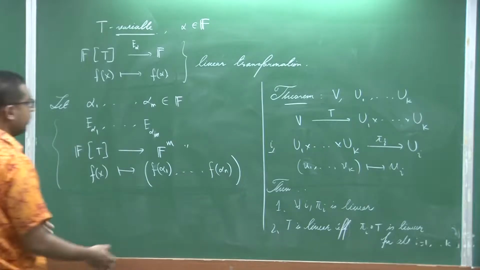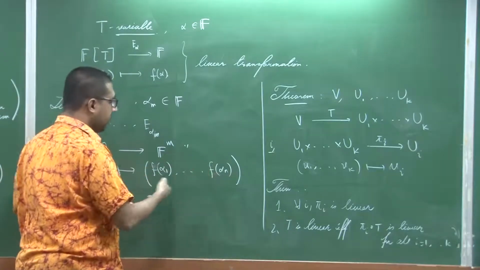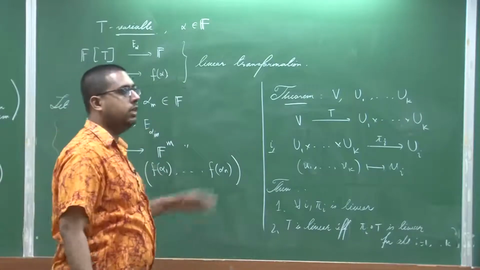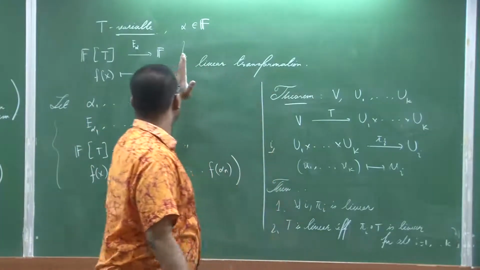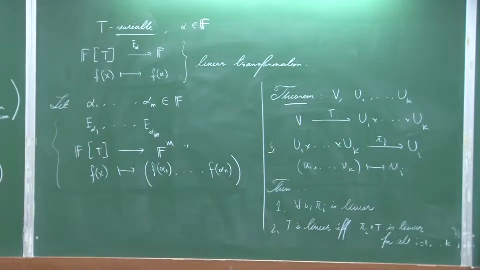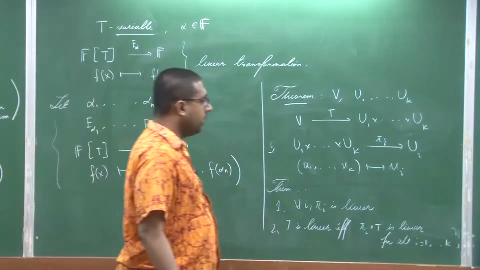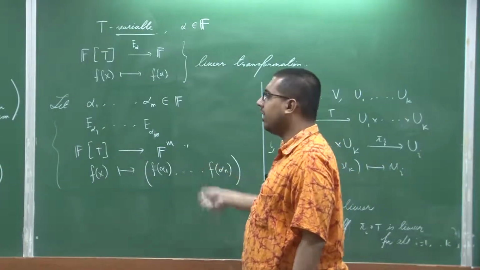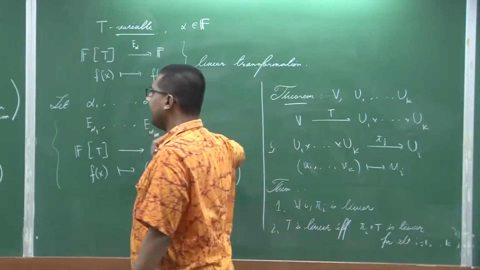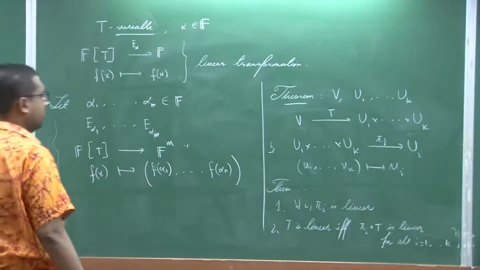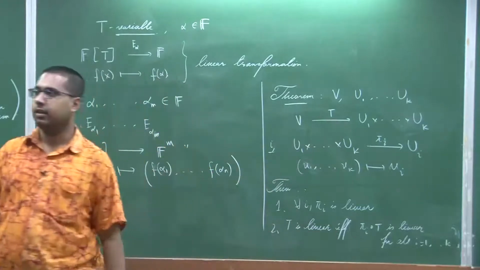So, I repeat that without getting into all coordinates, you can simply prove it directly using a similar argument, which is an obvious one, that shows this is also a linear transformation. But while you prove that, you see that ultimately what you are using is the linearity of this map at every coordinate level. So, that observation motivates you to think of the general theorem.